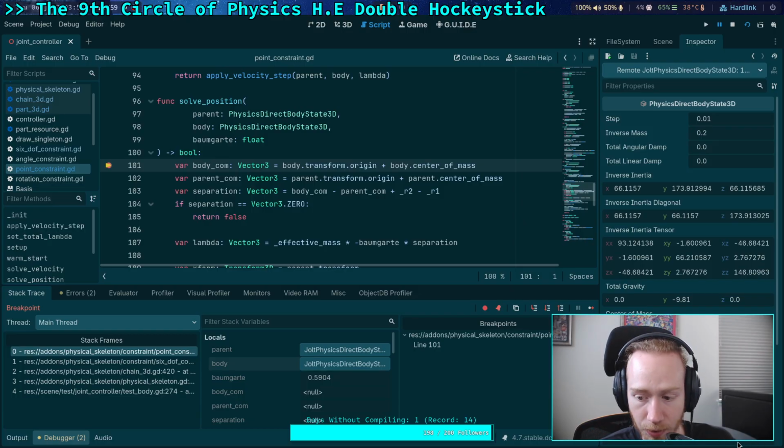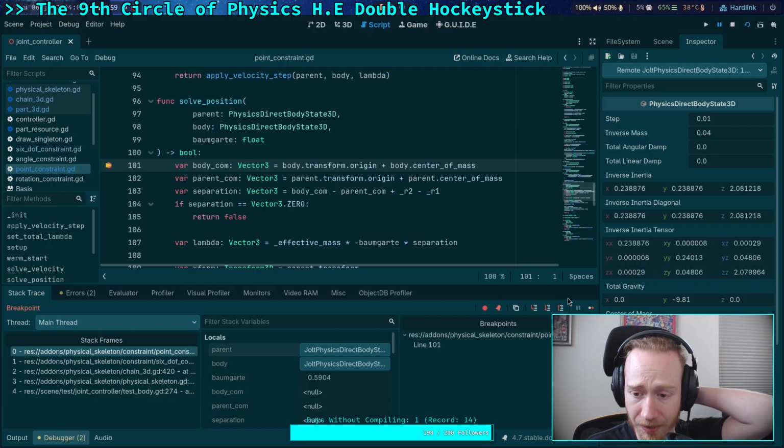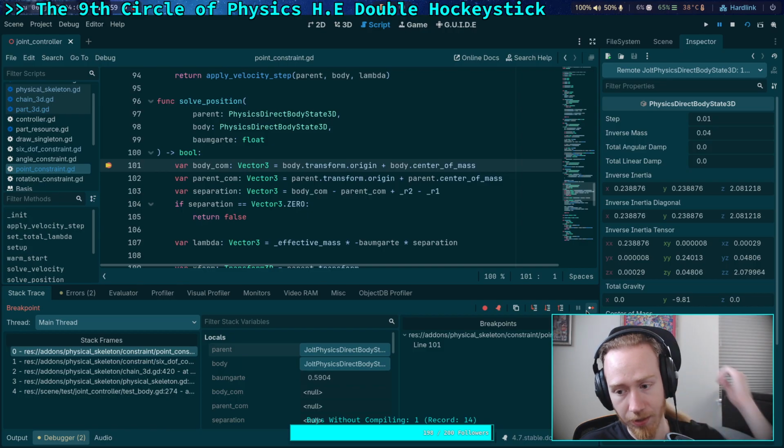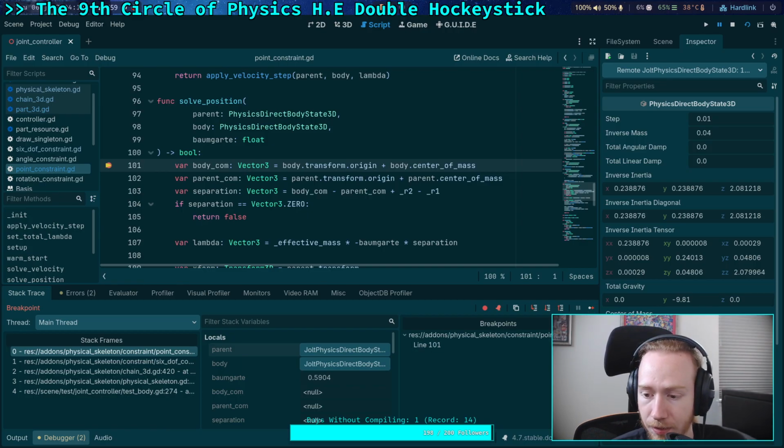This is kind of crazy though. The body has this huge z angular velocity. Maybe it doesn't matter. Alright, but center of mass. That's parent. This one.